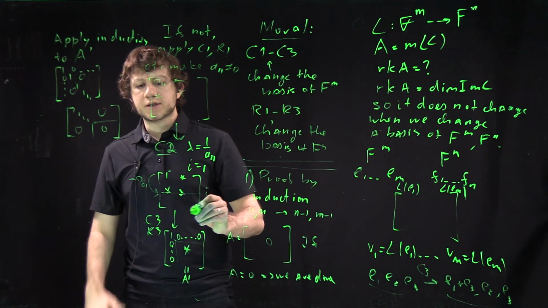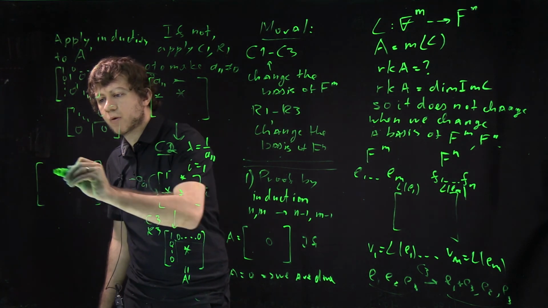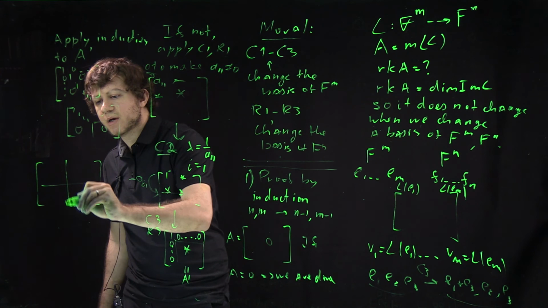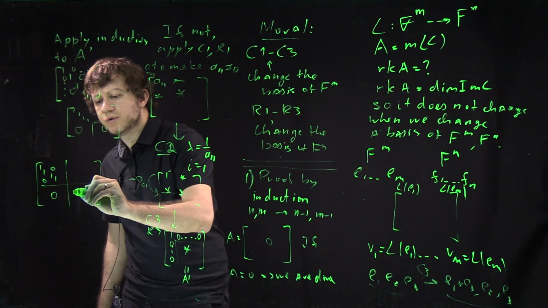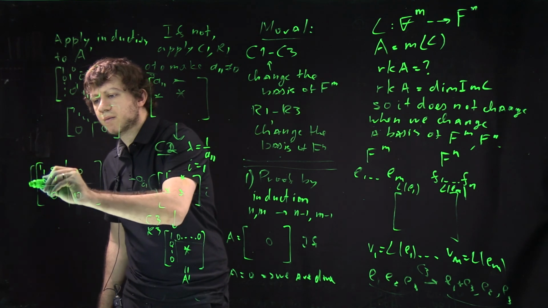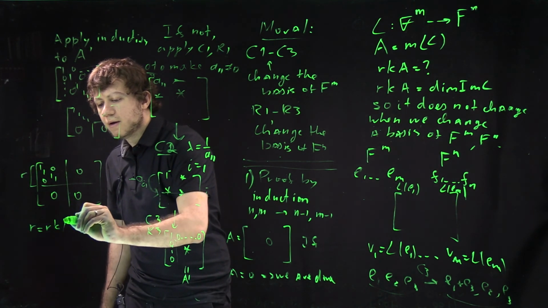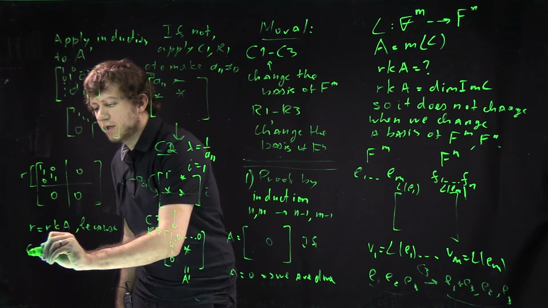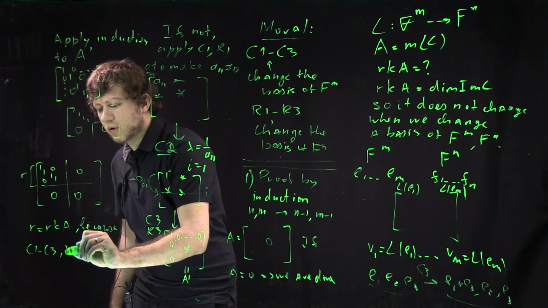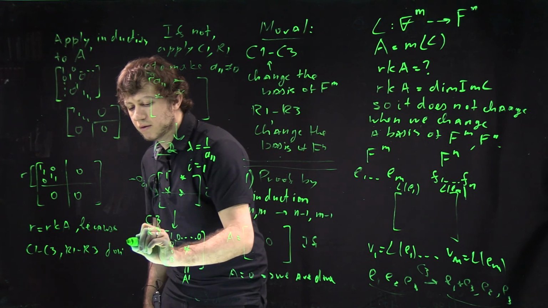Okay, and eventually there was one last statement. Eventually we moved our matrix to this form where we have this identity matrix 1, 1, 1, 1, then zeros, and there is a number r here. So r is the rank of A, because C1 to C3 and R1 to R3 don't change the rank.